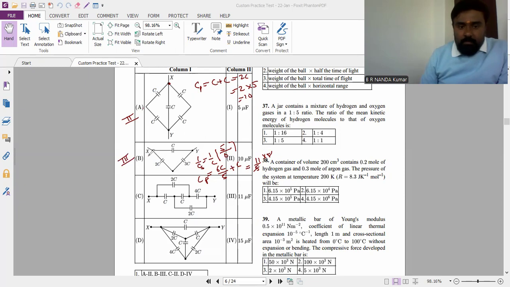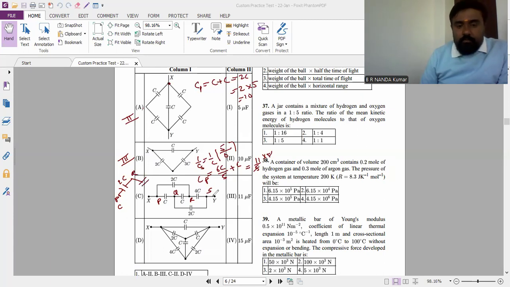So A matches to 2, B matches to 3, and C matches to, and this is actually in the form of a Wheatstone network. Let us consider these points as P, Q, R, S. P to R capacitor is 2C.